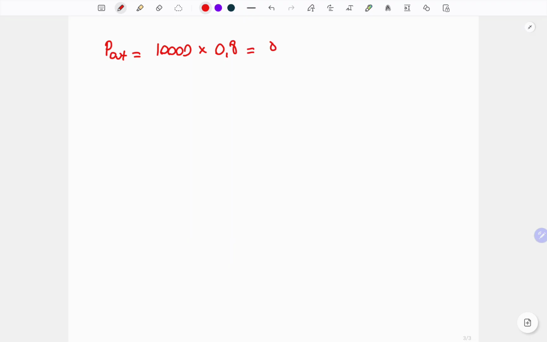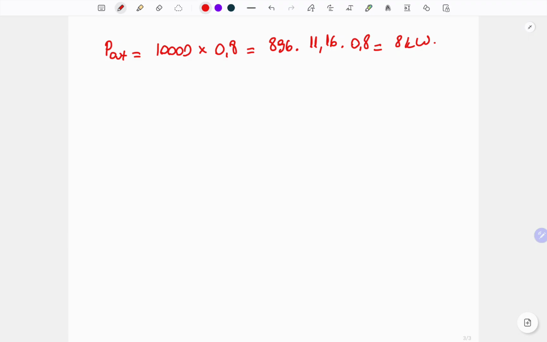Or you can use 896 times 11.16 times cosine theta, which is 0.8 also. Both of them must give you 8 kilowatts for the output power. After that, let's calculate the core power.